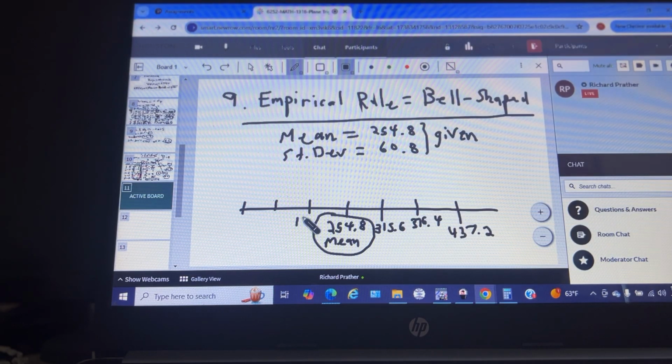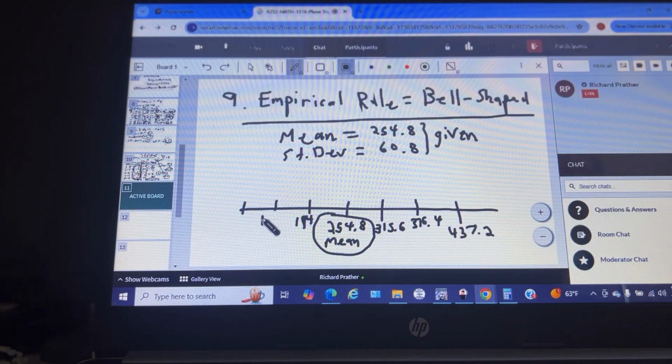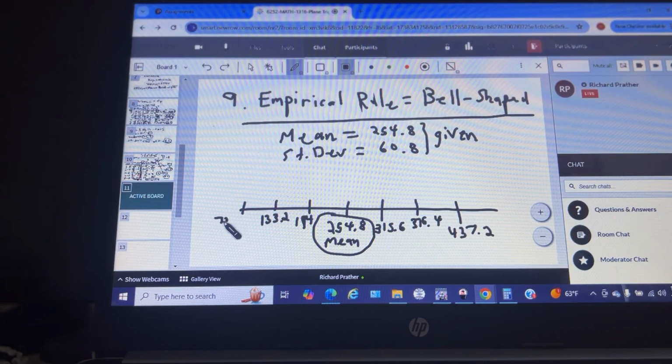That's 194 exactly. 194. Subtract 60.8. 133.2. Subtract 60.8. 72.4.